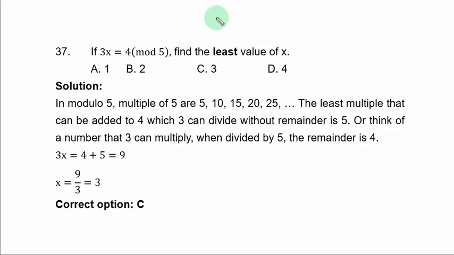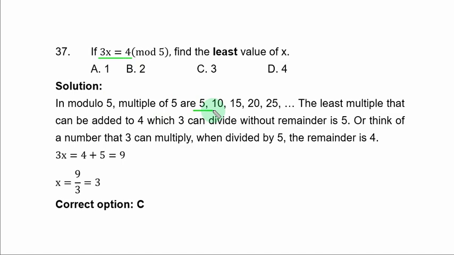Question 37. If 3s is equal to 4 modulo 5, find the least value of s. Solution. You can do this using 2 approaches. The first one is that in modulo 5, you list some multiples of 5.